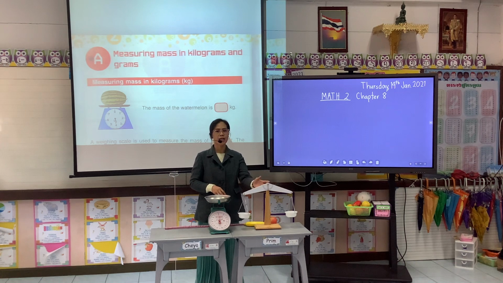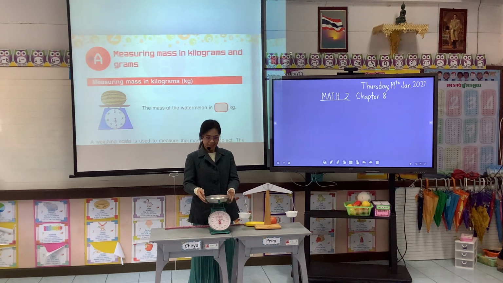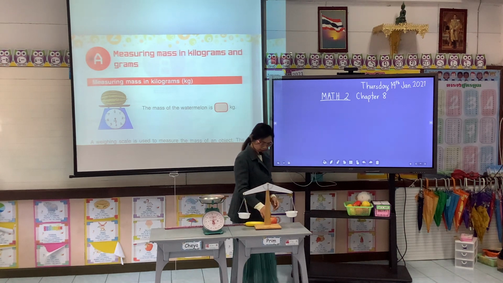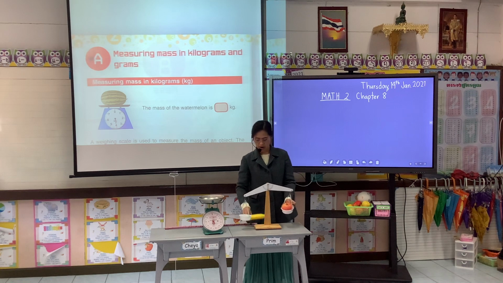So we have the arm balance and the spring scale, or spring balance, or kitchen scale. Look at this. We have an apple and a banana. Let's see which one is heavier.